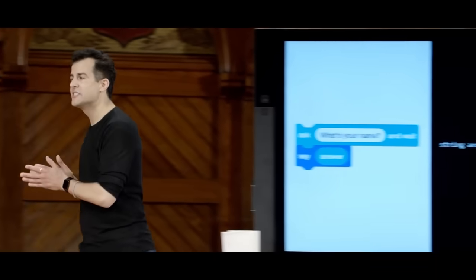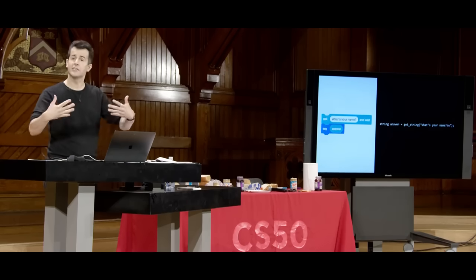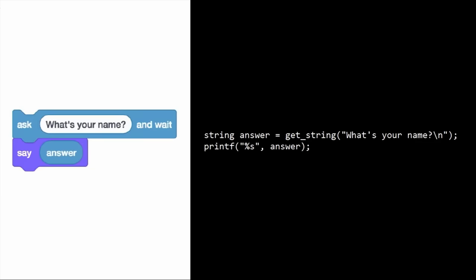So how do I now say this person's name? Well, in Scratch, I just say, and then I drag and drop the answer variable, and it's done. What's the function in C with which we can say something, though, on the screen? Yeah, so printf, print a formatted string, even though we haven't really seen any formatting yet until now. It turns out in C, you have to actually tell printf, if you're not passing in a hard-coded string or sentence, you have to pass to printf what's called a format code or a format string.